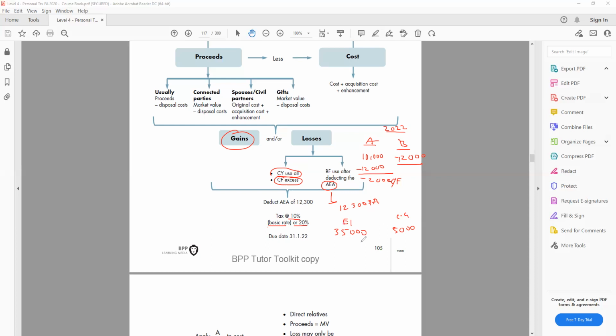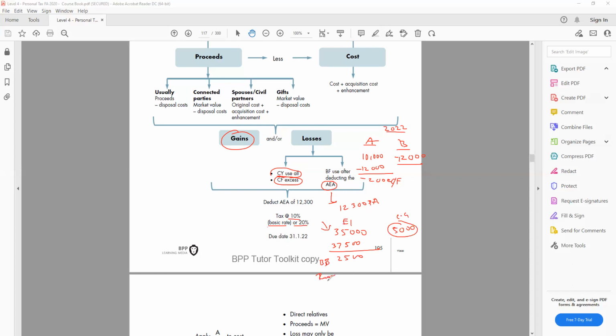Now, before we decide what rate we're going to use for this 5,000, 10% or 20%, I have to see: is there any remaining threshold from the basic band? Normally we know the basic band is 37,500. The employment income is 35,000, so we have 2,500 of basic band remaining.